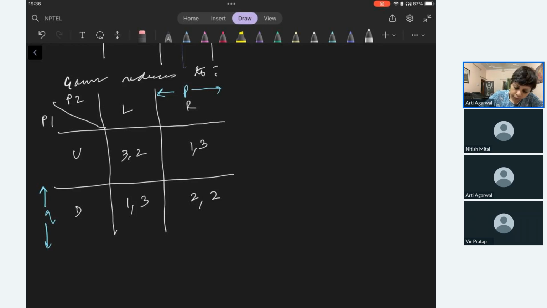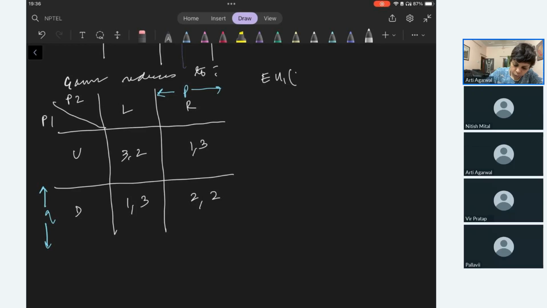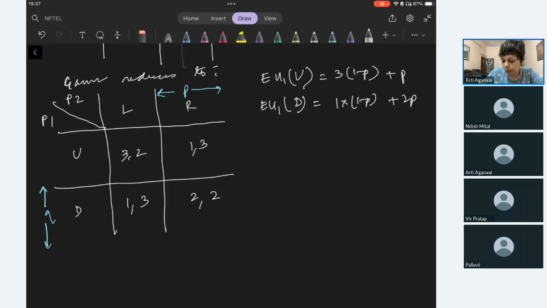So very quickly, let's write down the expected payoff of 1. Using the strategy U, it is 3 into 1 minus P plus 1 into P, which is P. The expected payoff of 1 when it's playing down is 1 into 1 minus P plus 2P. Setting both equal, you get 3 minus 2P is equal to minus P.